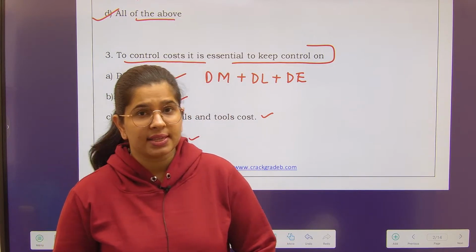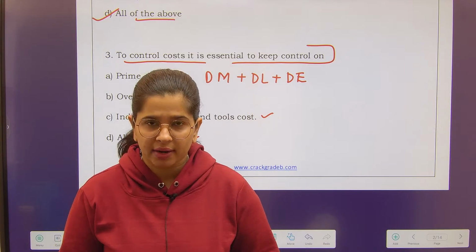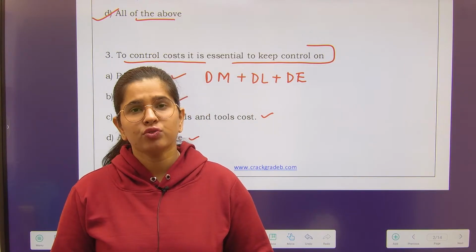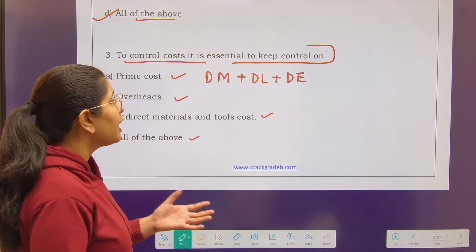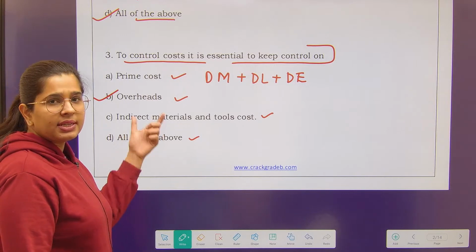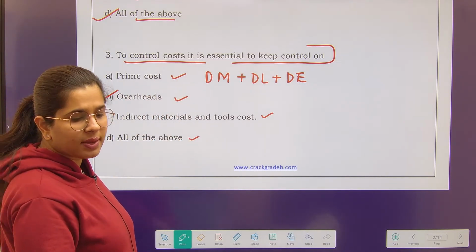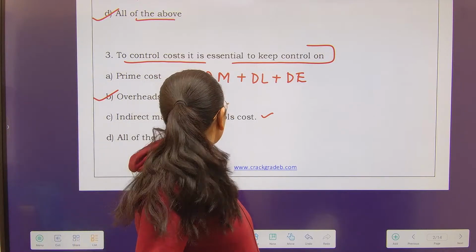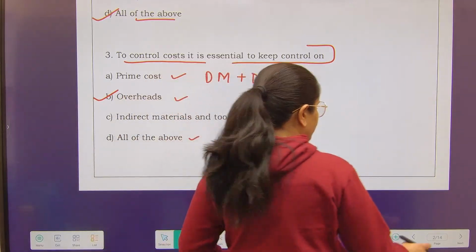So there are chances that you can spend more than what is required. Therefore, if you want to control the cost of any particular project or product, then you should have control over overheads. Indirect material and tool cost are a part of overheads only. Overheads is a broader term, and indirect material and tool cost is a part of it, right? So the option is B.